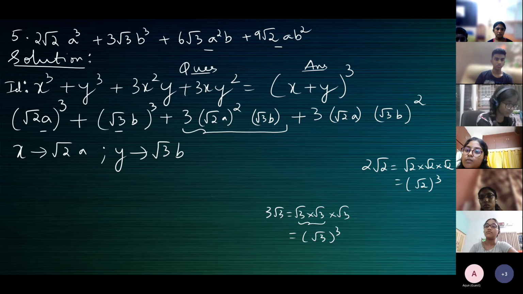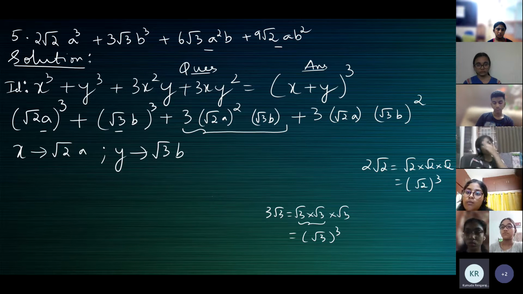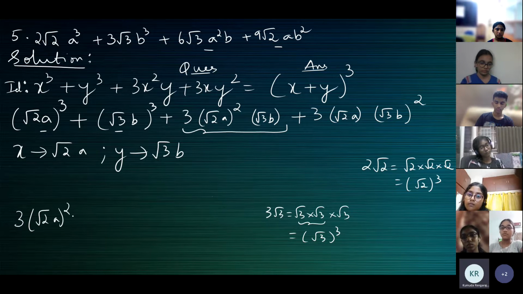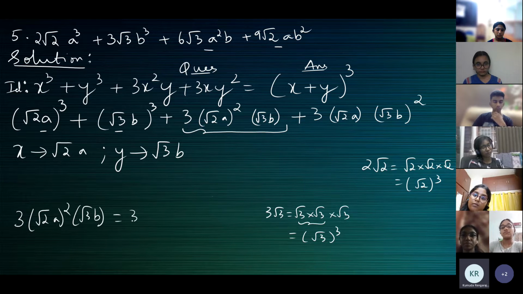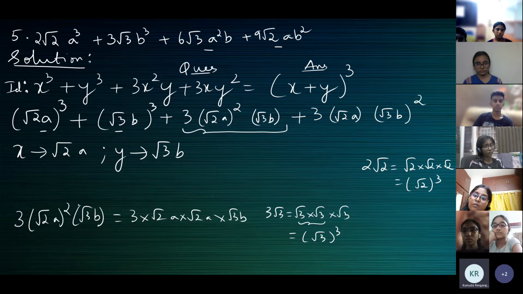See here, this is a square. Root 2 into root 2, because it's squared. Root 2a into root 2a. Let me write it if you're not following. 3 into root 2a the whole square is equal to 3 into root 2a into root 2a into root 3b.